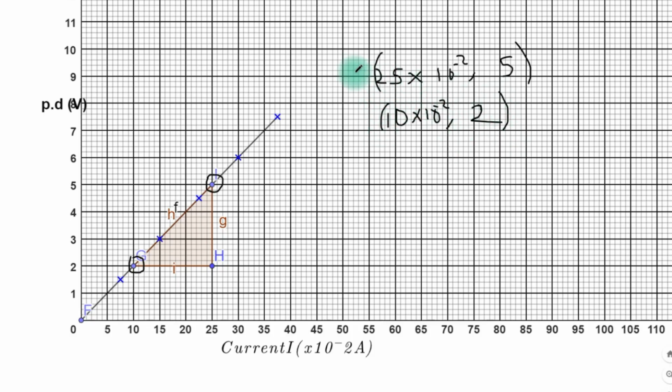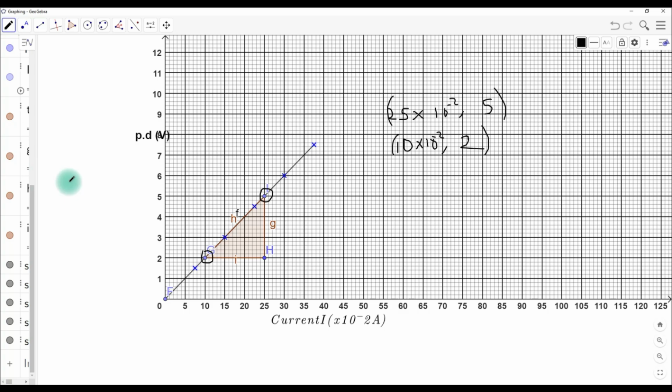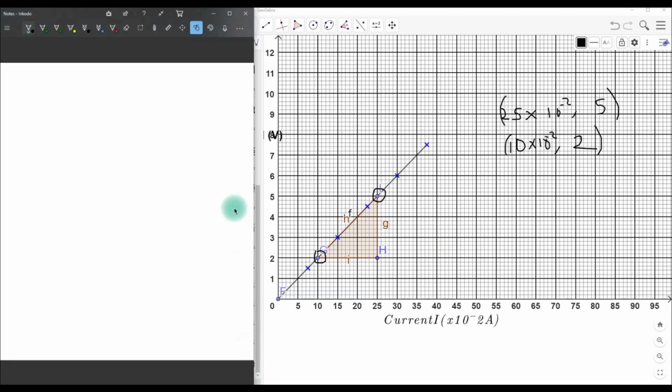Now I can use them to plot the graph. So to find the gradient of the graph, the slope, it's actually change in y-axis over change in x-axis.